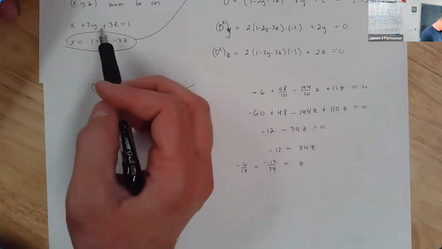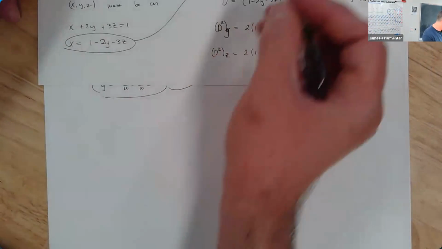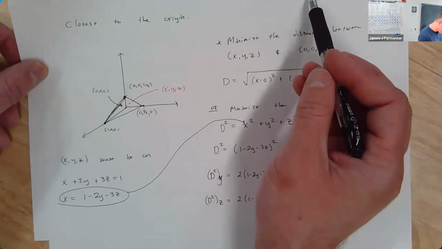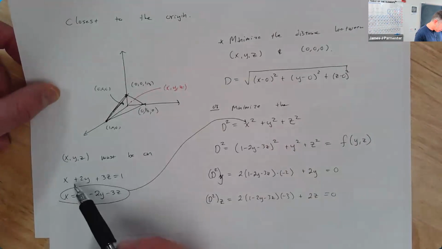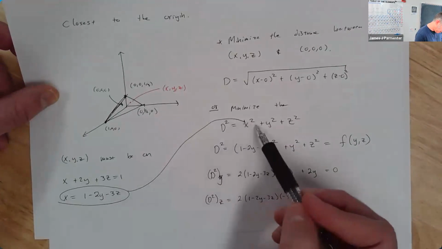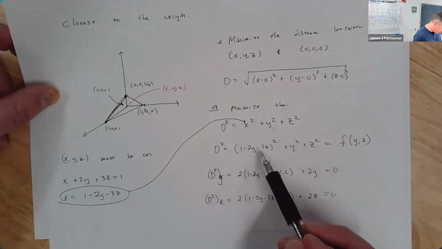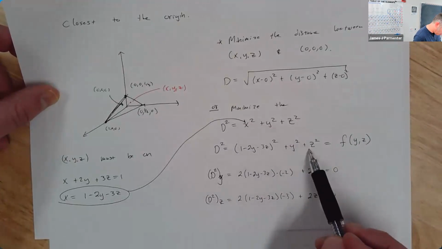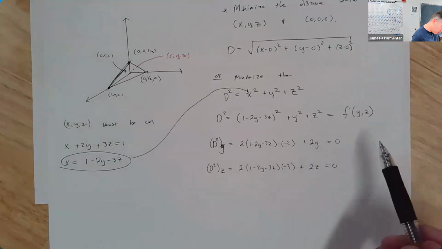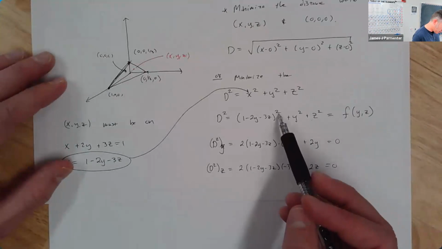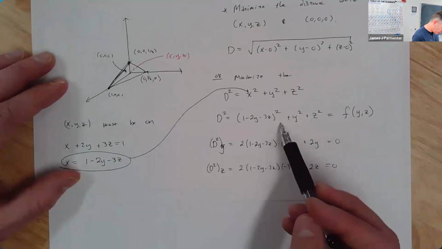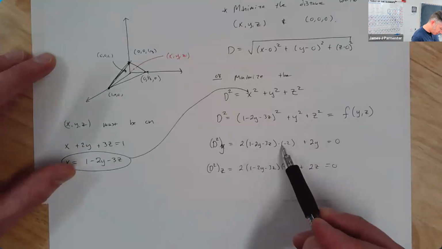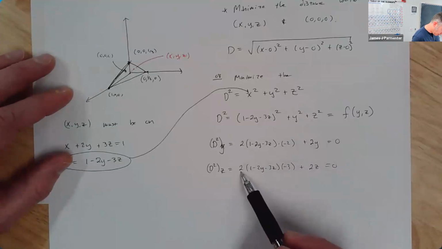So real quickly here, we needed x plus 2y plus 3z to equal 1. We solve for x. We got 1 minus 2y minus 3z. We put it in for x there: 1 minus 2y minus 3z, squared, plus y squared plus z squared. We took some partials. Derivative with respect to y, 2 times that times negative 2. Good to go. Plus 2 times that times negative 3.